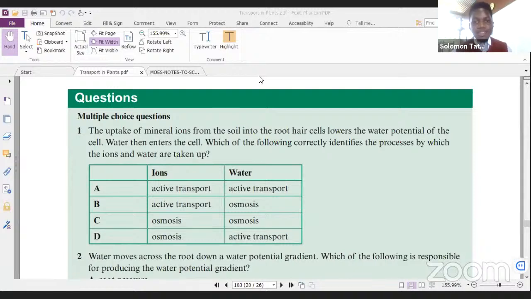Can someone tell us the answer and the reason why? You can read the question on your own again and tell us the answer. Let me see. Keton, tell us why you said B. Or someone else would love to answer, please make sure you tell us why.